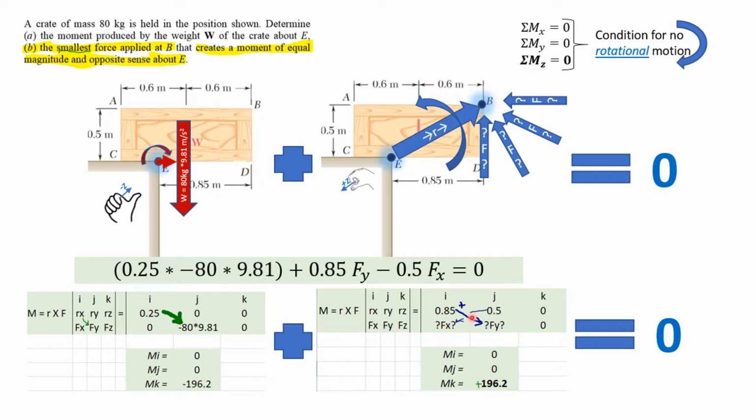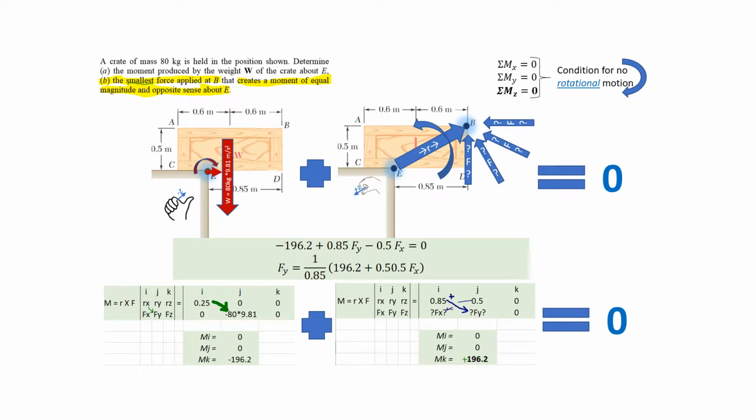And our force up here at B, this is what we're going to solve for. So we don't know what the x component is, we don't know what the y component is. We do know that that force needs to add to the same magnitude as what was happening from the weight. So we need to get that 196.2 no matter what we do.